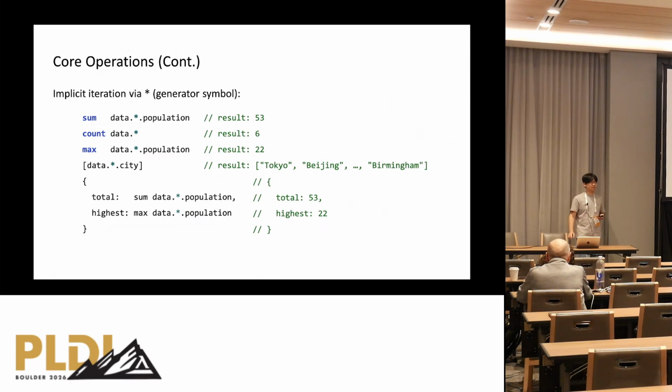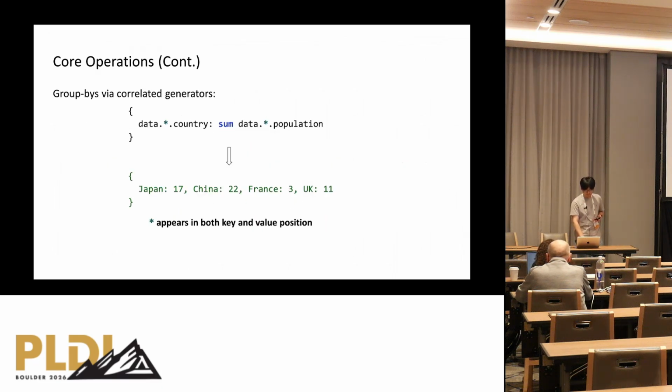And we use this kind of bracket syntax to do array aggregation. Basically, we collect all the values in that stream and then put them in an array. And we can combine this with the object notation as well. We can construct an object with total and highest, and then we just put the corresponding aggregation on the right-hand side to get the result we want.